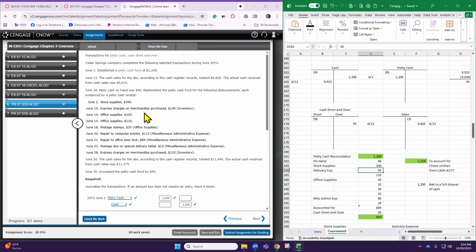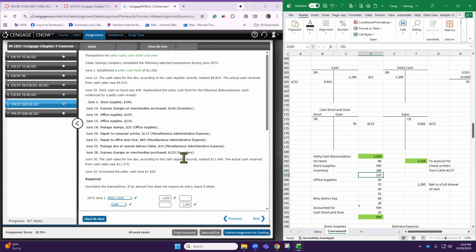Express charges on merchandise. Ah, there it is. So instead of delivery expense, this is inventory, because they're the ones paying for the shipping. So express charges on the merchandise purchased. So there's $140 that we paid the shipping on.